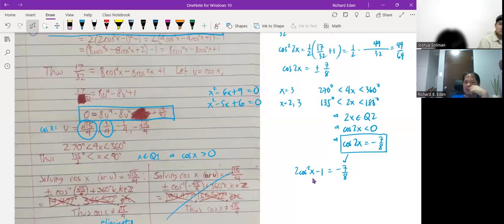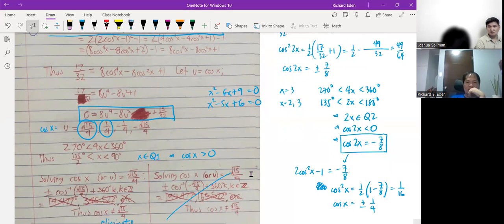So there's a quadratic equation that has to be solved, but overall, it's not really a typical quadratic equation where you have to use the quadratic formula, because 2 cosine squared x is 1/2 of 1 minus 7 over 8, half of 1/8, so that's 1 over 16. So cosine x is plus or minus 1/4.